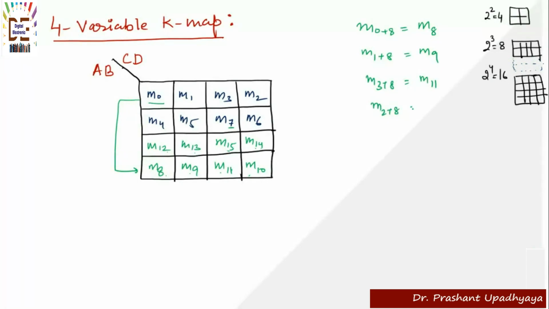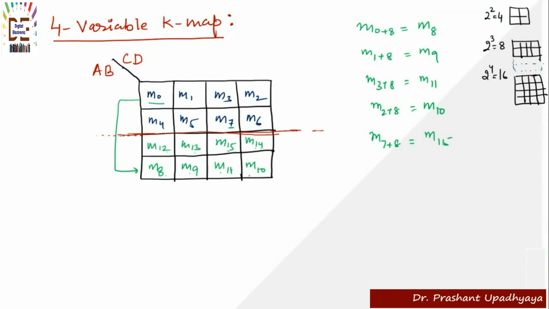M2 plus 8 becomes M10. Are you getting this point? Just overlap it and add 8 to it. If I take M7, M7 plus 8 becomes M15. So I have just folded it from here. This can be called the folding part. So M6 will overlap at this point.